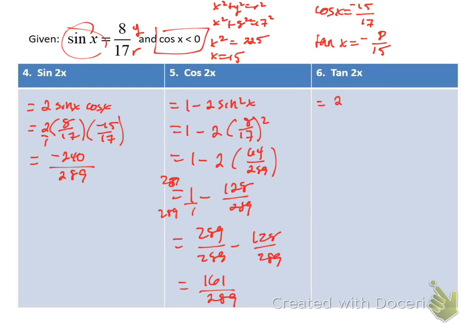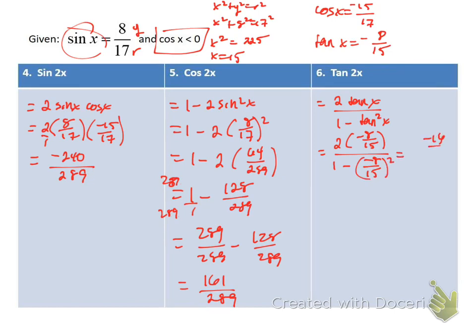The formula is 2 times tangent of x over 1 minus tangent squared x. So, tangent we know is negative 8 over 15, so just fill that in. So 1 minus negative 8 over 15 and square that in the denominator.